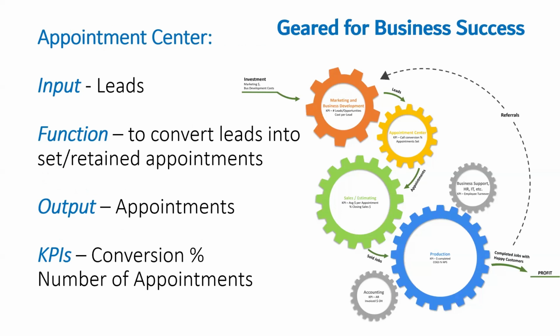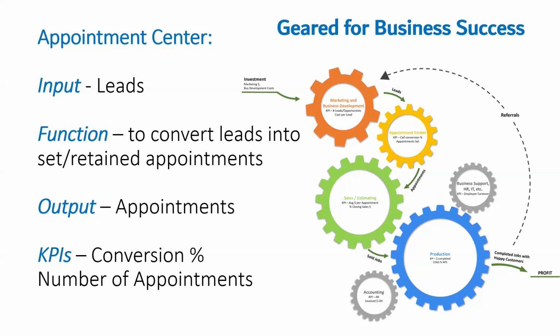The appointment center takes those leads then, and they're precious. Remember, we know how much we pay for them per lead because we measure it in the marketing gear. But we take those leads now, and our job in the appointment center is to convert those leads into set and retained appointments, okay? Set appointments, so they want to make sure they set, schedule someone or dispatch someone out there.